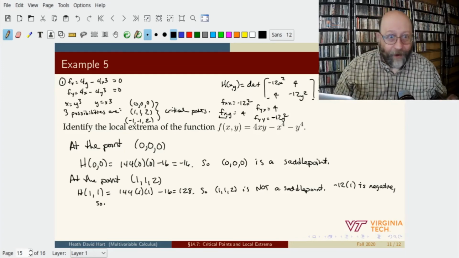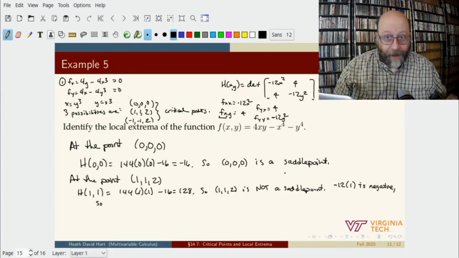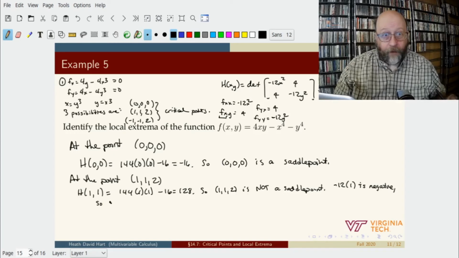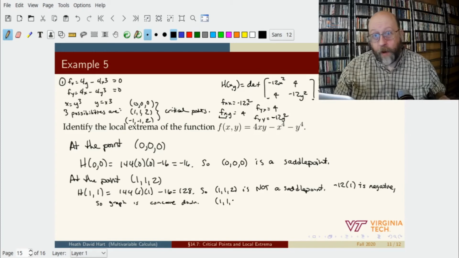All right. Negative 12 times 1 is negative, and so the graph is concave down. And so 1, 1, 2 is a local maximum.